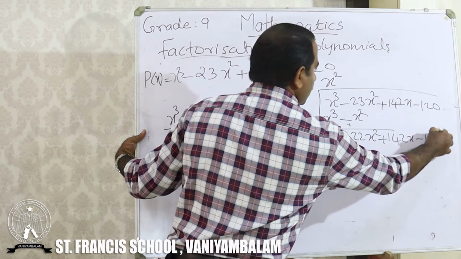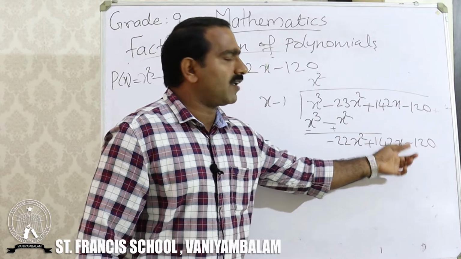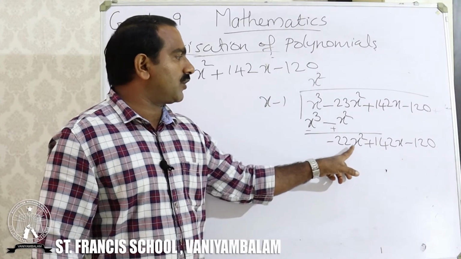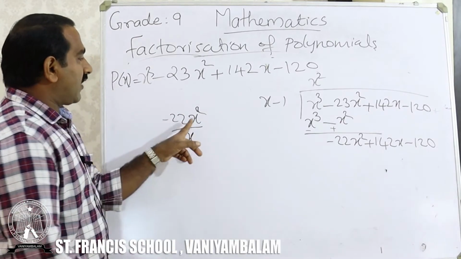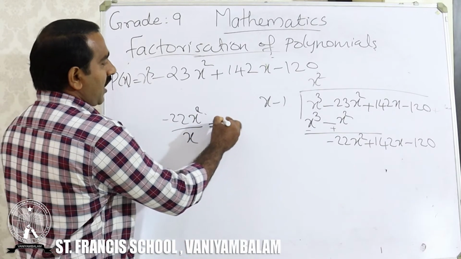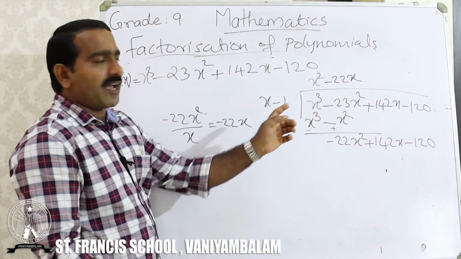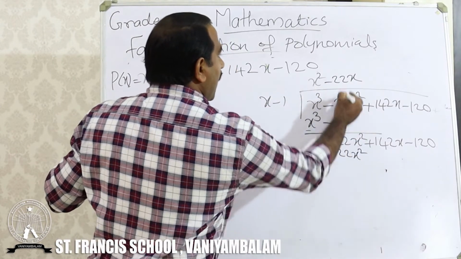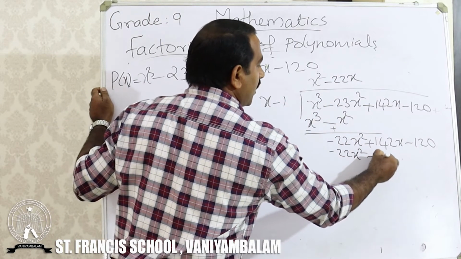Now the new dividend is minus 22x square plus 142x minus 120. Now we divide the first term of the dividend by the first term of the divisor. Minus 22x square divided by x, the quotient is minus 22x. Now we multiply minus 22x and x, that is minus 22x square, and minus 22x and minus 1, the product is plus 22x.